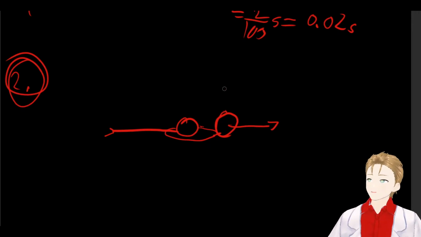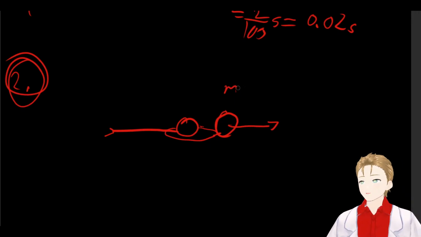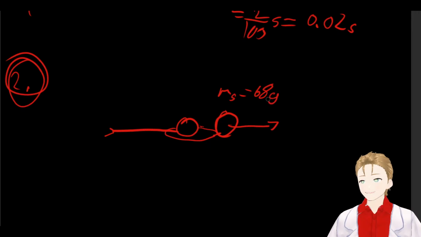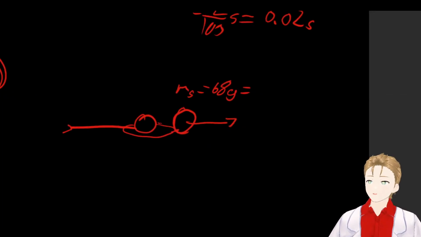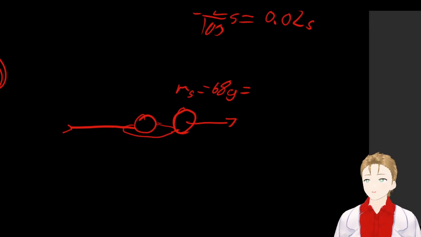Okay, so 68. So let me say mass sub s. So mass of stone is 68 grams, which is equal to, okay, so it's kilo. Isn't it gram, decagram, hectogram, and then kilogram, right?